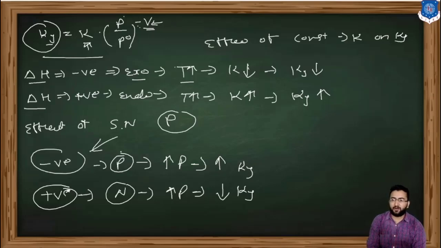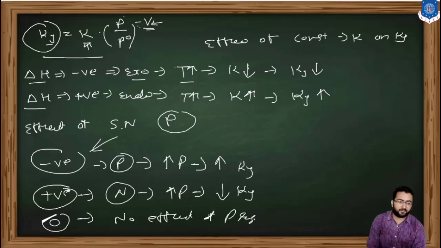But if the value of the stoichiometric number is 0, this term becomes 1, so there will be no effect of pressure on equilibrium conversion. So this is the effect of pressure and the effect of temperature on equilibrium conversion. We already discussed the effect of temperature and pressure on the equilibrium constant.